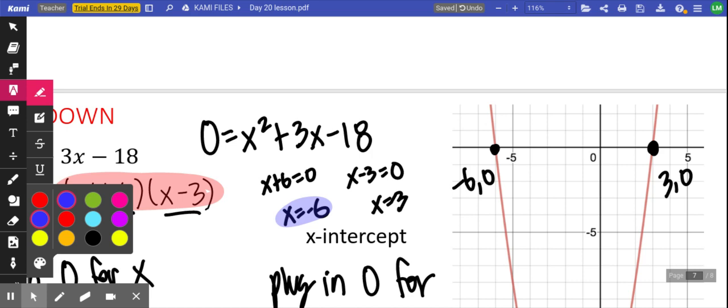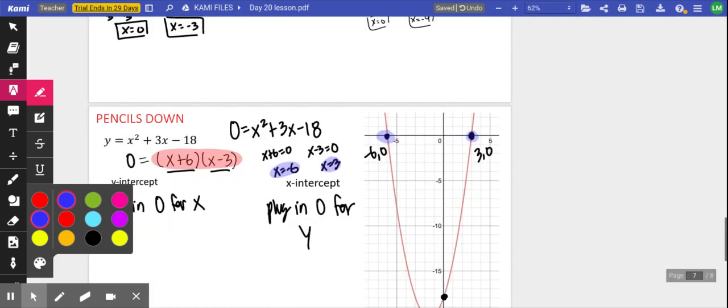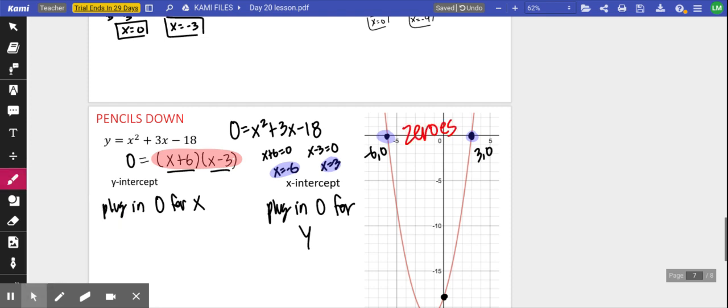X equals negative 6 here, x equals 3 here. So that's my easiest way to solve these quadratics, to find the zeros of the function. We can call them zeros. We can call them roots. But these x-intercepts are pretty important. So that's why we're doing this.